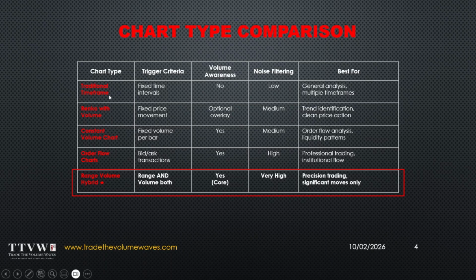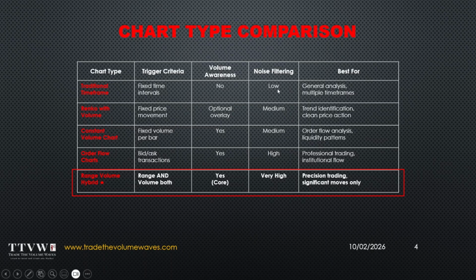So this is a traditional time frame. The trigger criteria is a fixed time interval, so every 5 minutes a bar will form. You are not aware of the volume on the specific bar, but you can put a volume indicator below it and see the volume.